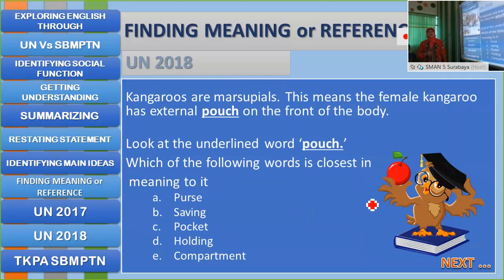The meaning can be synonym or antonym, and reference of words means the question may ask you to find what a word refers to. There is a short text about kangaroos. Okay. Yes, kangaroos.